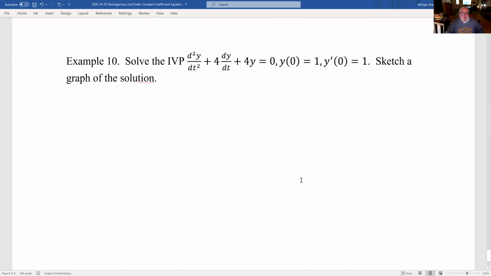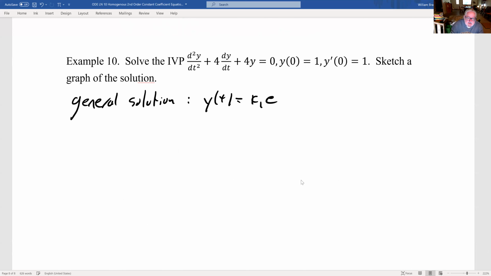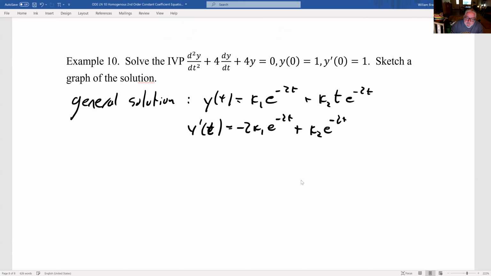I have to be a little bit careful about how these things combine. So for a repeated eigenvalue, we know what the general solution is. y of t equals k1 e to the minus 2t plus k2 t e to the minus 2t. That tells me that my derivative is minus 2 k1 e to the minus 2t plus k2 e to the minus 2t plus minus 2 k2 t e to the minus 2t.